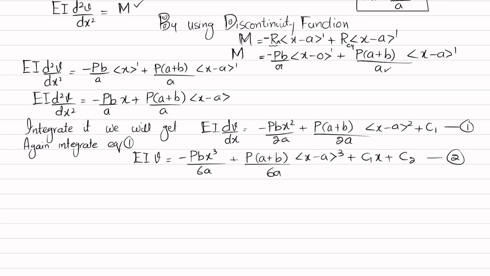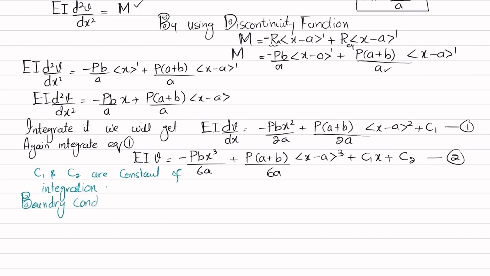Now C1 and C2 are unknown. C1 and C2 are constants of integration, and they can be found by using boundary conditions. So we will write the boundary conditions. What are the boundary conditions?